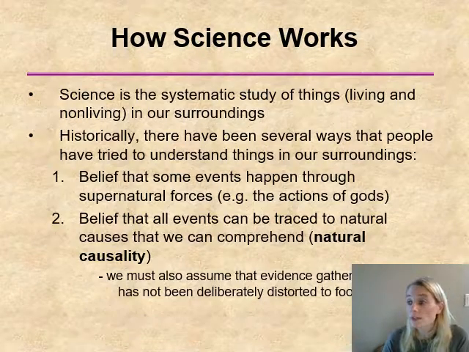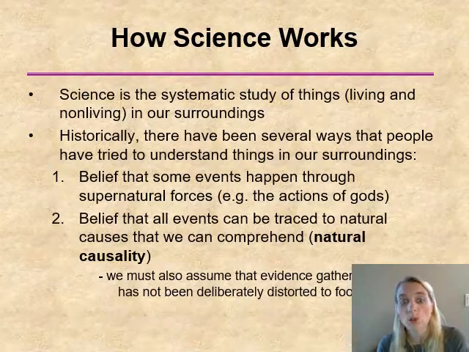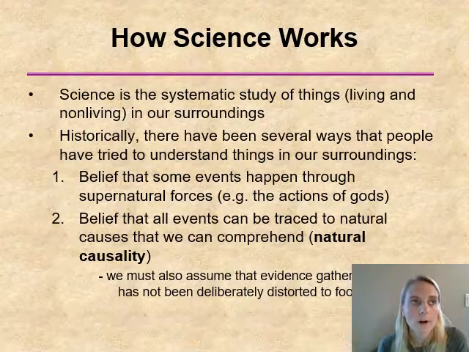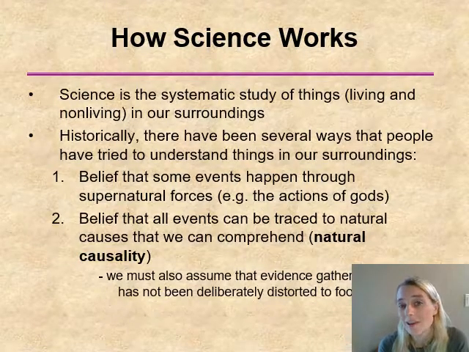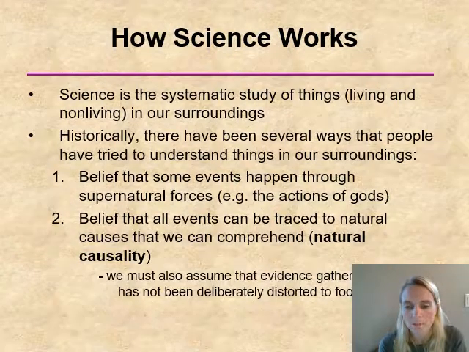Some earlier thoughts were to say things happened by magic or supernatural forces, actions of gods. Think of mythologies or old wives' tales kinds of things, that if you do such and such, you're going to get this outcome, with no scientific evidence to support that. Just a way of explaining phenomena that they didn't know exactly what was going on.